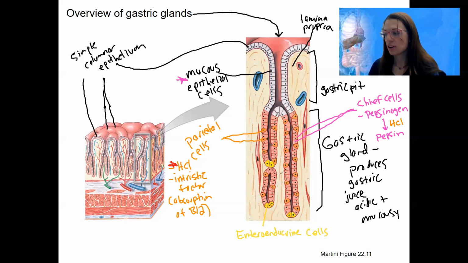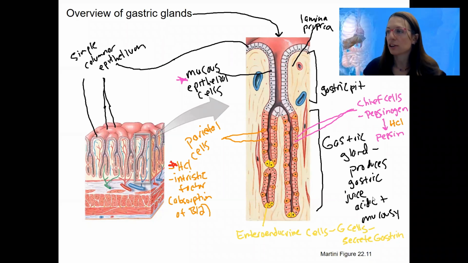So these are going to secrete hormones and paracrines, two different things, but not really, right? Those are just chemical messengers that either go into the bloodstream or act locally in the stomach and around the cells nearby. So the biggest one I want you to know is going to be the G cells. These secrete gastrin. We'll talk more about gastrin.